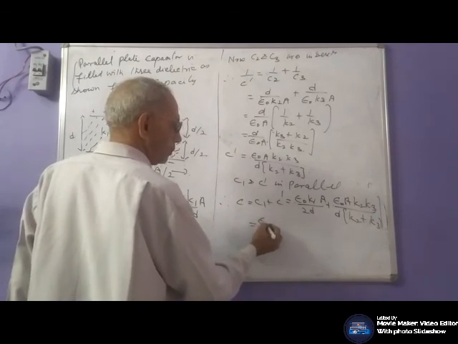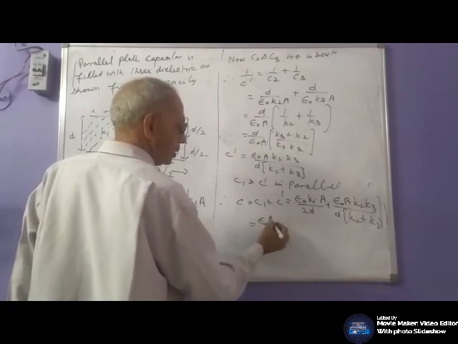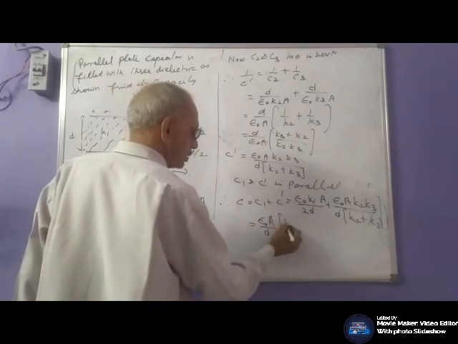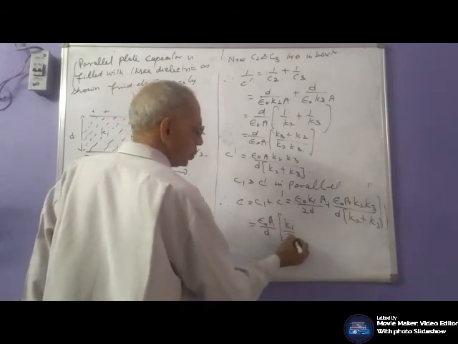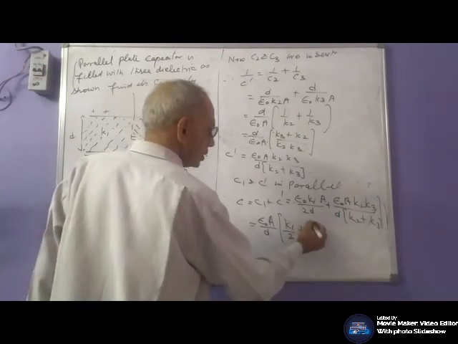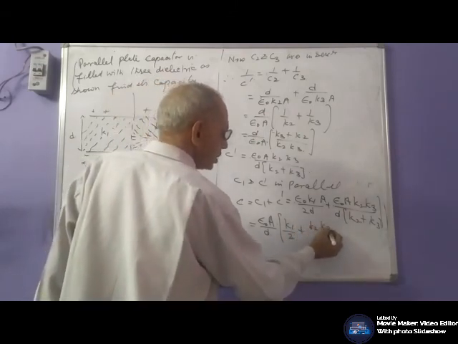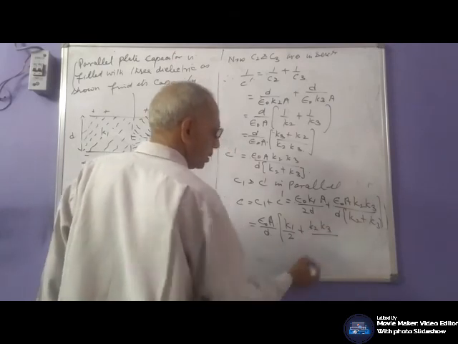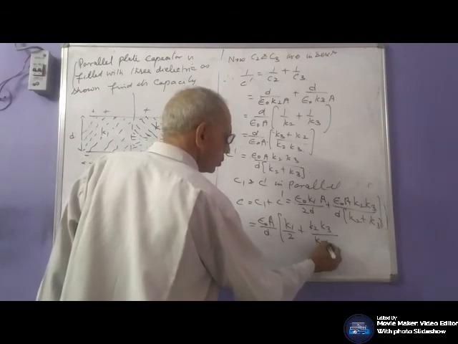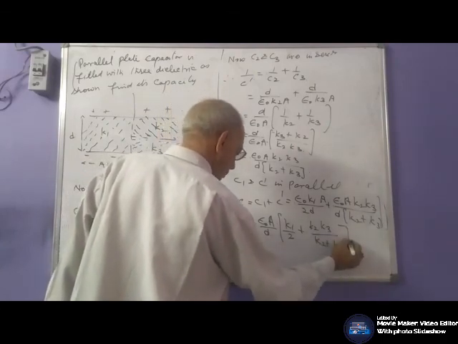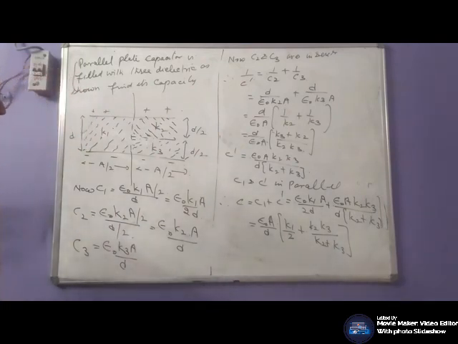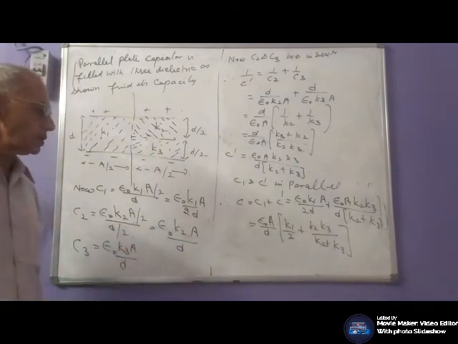Epsilon naught common, A common, D common. It is K1 by 2 plus K2 K3 by K2 plus K3. So this is the capacitance. Further, if you want to solve, you can do it further.